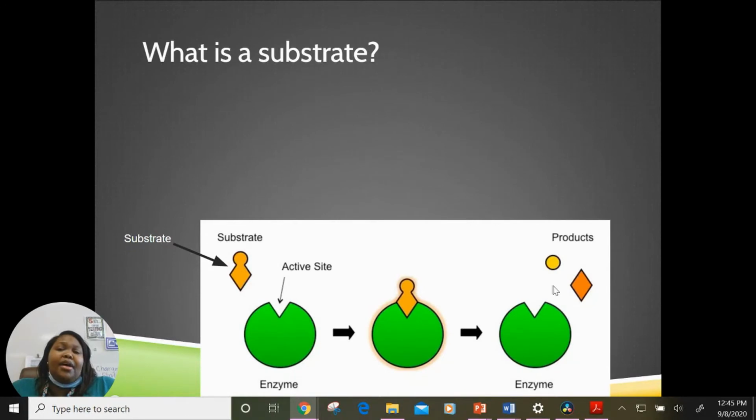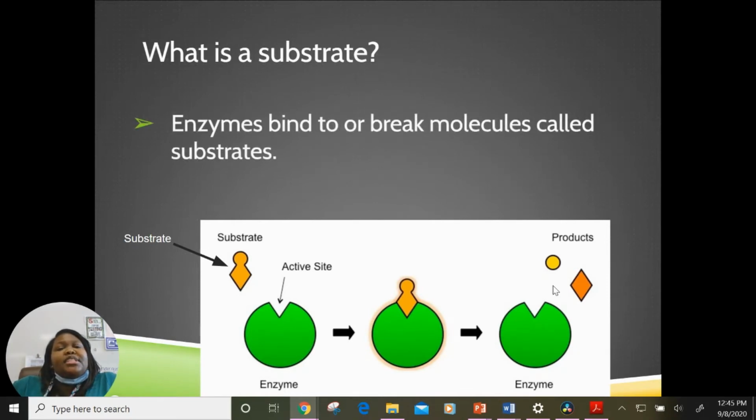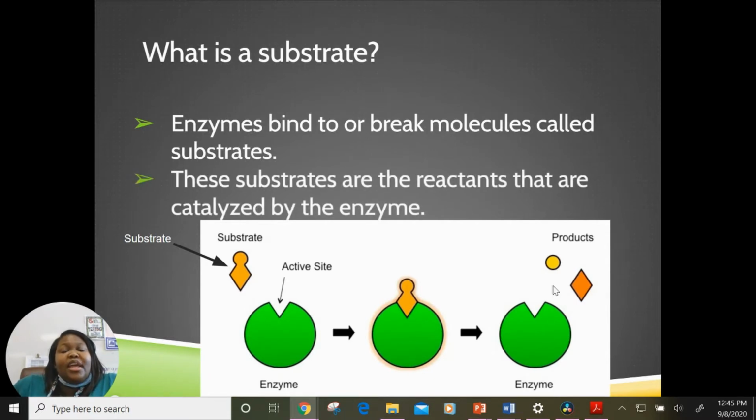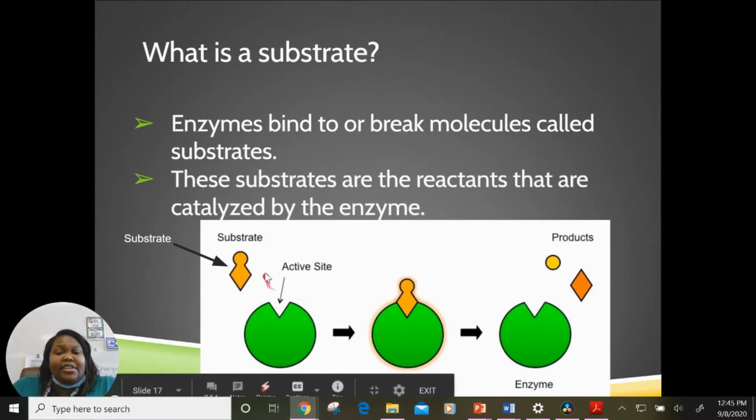So let's talk about substrates specifically. Remember I mentioned the word substrate a couple of slides back. A substrate is the molecule that the enzyme is going to bind to. It's going to bind to the active site. Here's the active site. The substrate is going to bind to the active site of the enzyme.